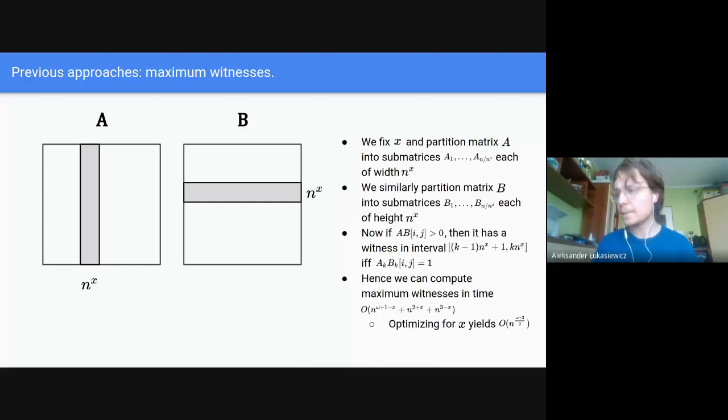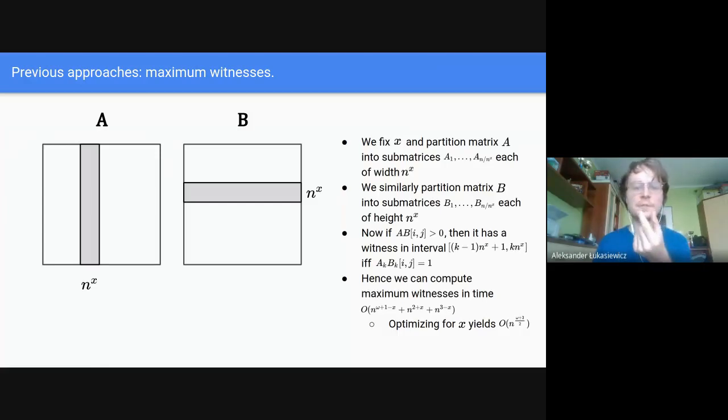So how long does it take? We have n over n to x stripes, so this is n to 1 minus x. And each multiplication takes n to omega, so this is n to omega plus 1 minus x. Then for every entry of the resulting matrix, so there are at most n squared entries, we need to find the stripe. There are n to 1 minus x stripes, so we get n to 3 minus x.